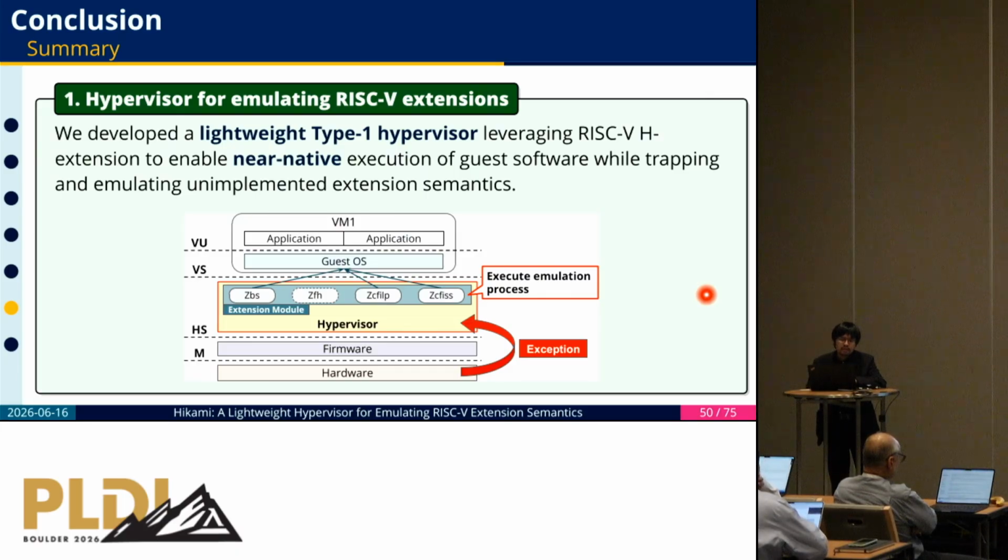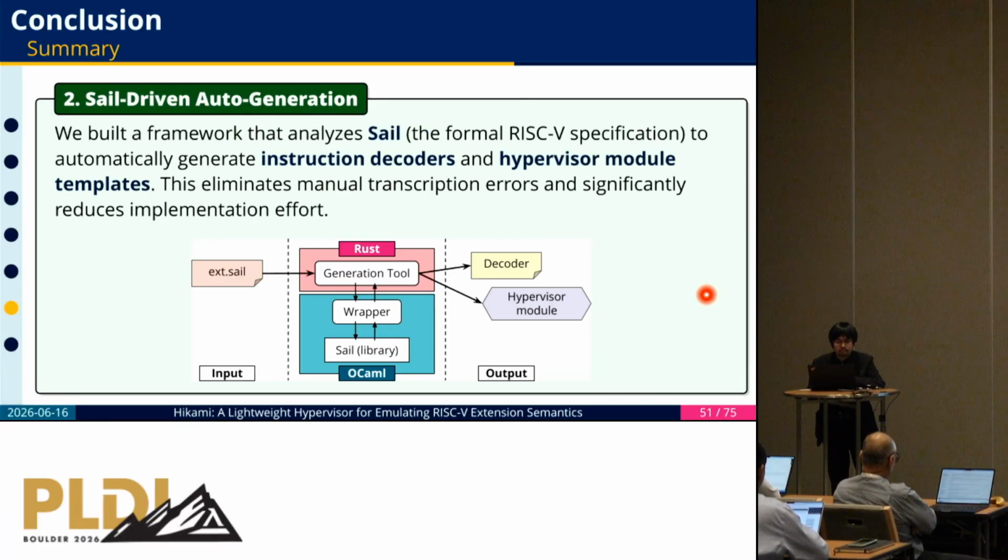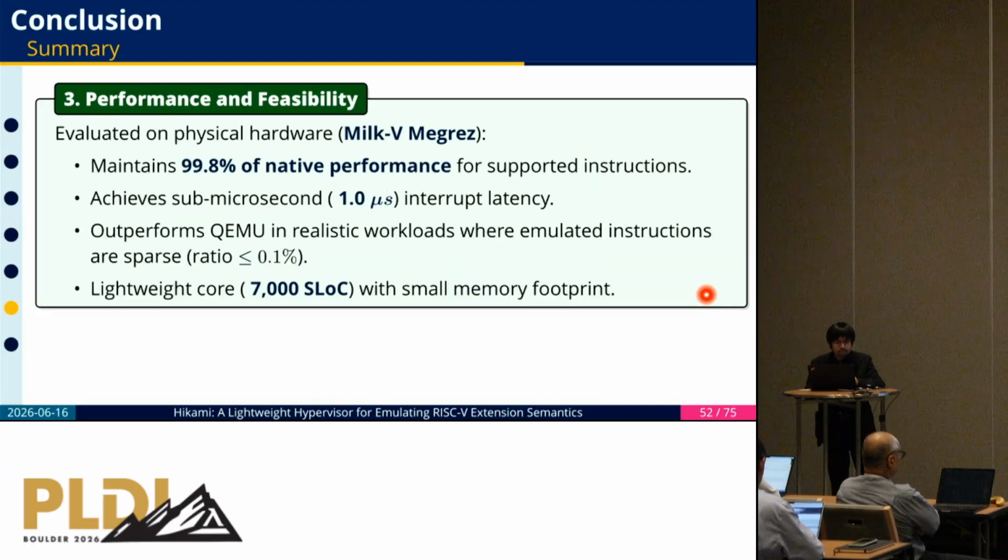And to conclude, we propose a system combining virtualization and automation to address the RISC-V hardware gap. First, our lightweight type 1 hypervisor enables near-native execution with modular support for new extensions. Second, our SAIL-driven framework automatically generates decoders and templates, eliminating manual errors and reducing implementation effort.